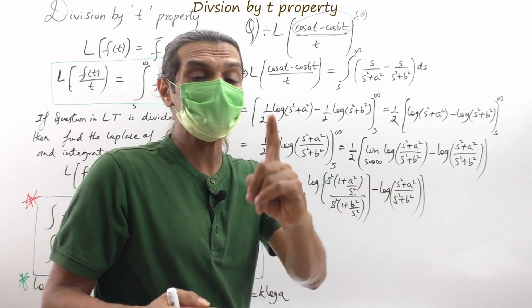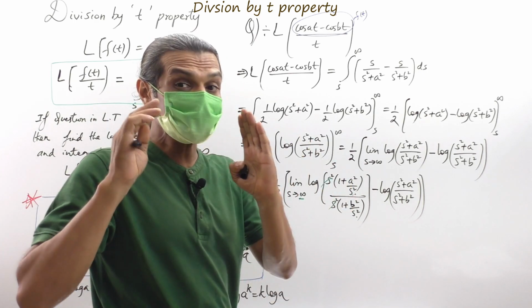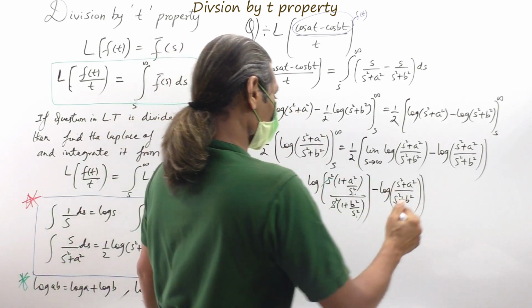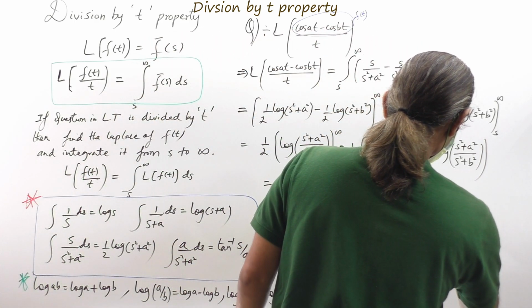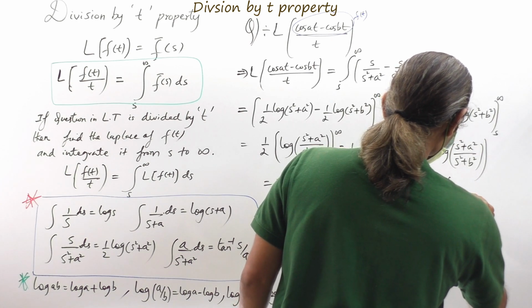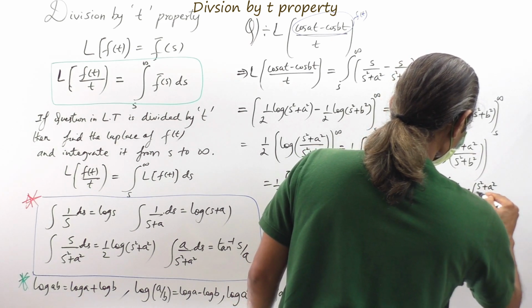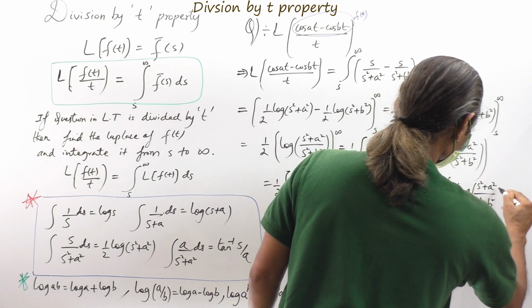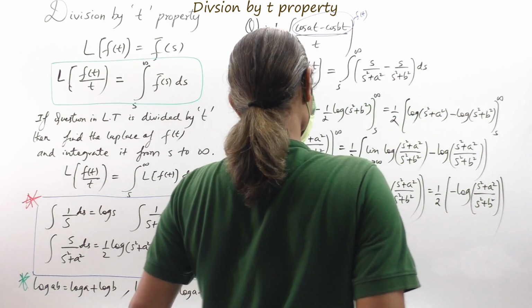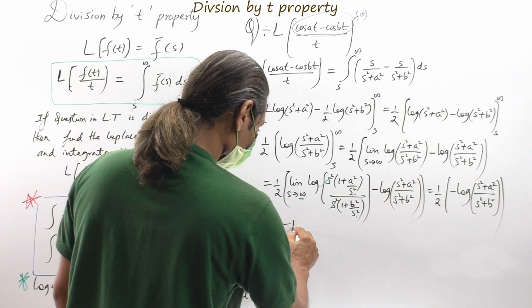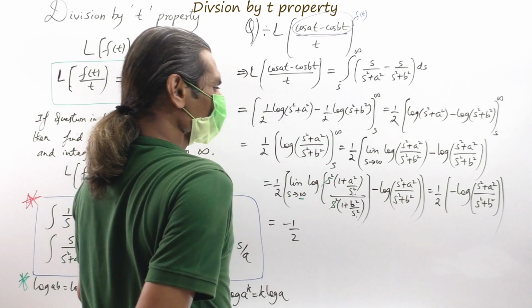Log 1 is 0. Remember, log 1 is 0. So, we have this as 1 by 2 [0 minus log of a square plus a square by a square plus b square], fine. Now, again the same, so minus 1 by 2 outside.